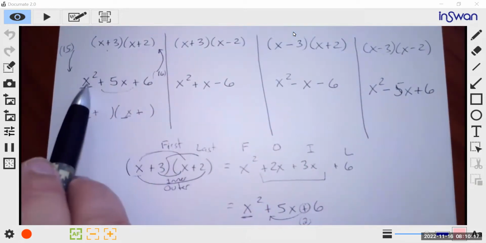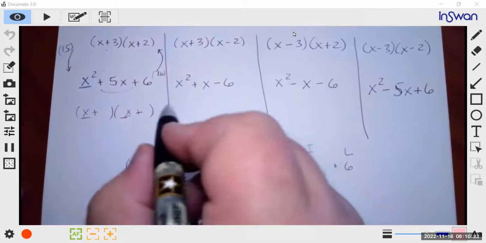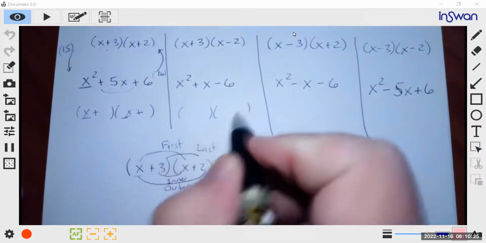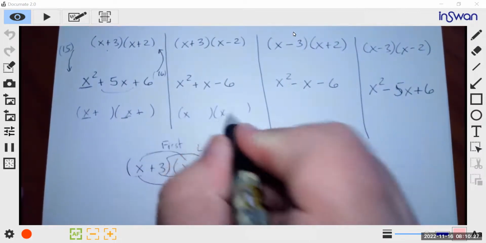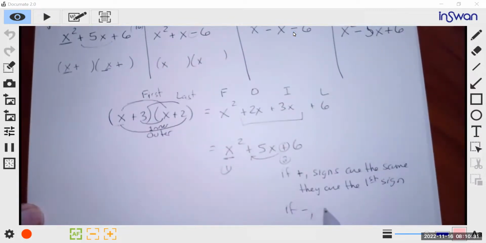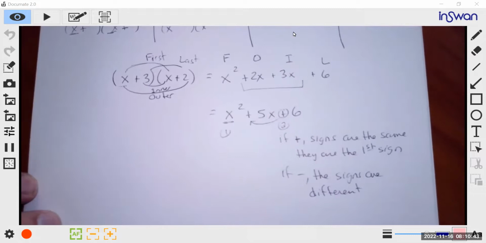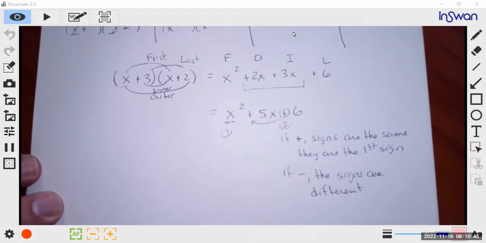So first thing, look at the first term. Then the second sign. If it's a positive, then both signs are the same. If it's a negative, the signs are different: one's plus, one's minus.